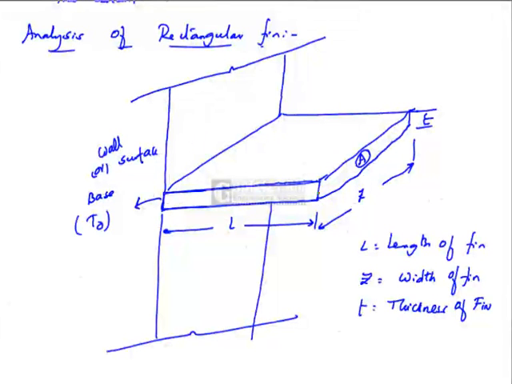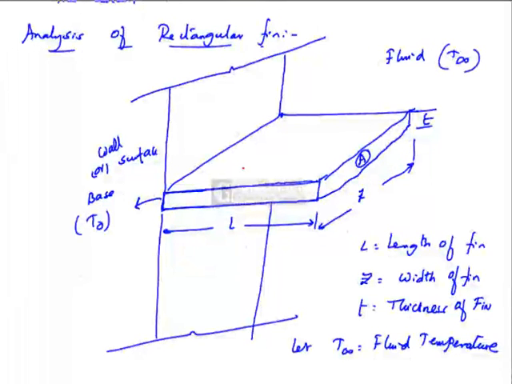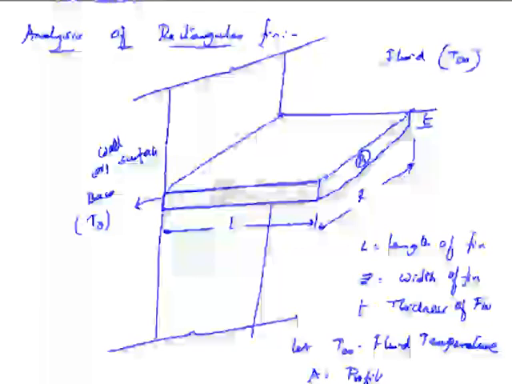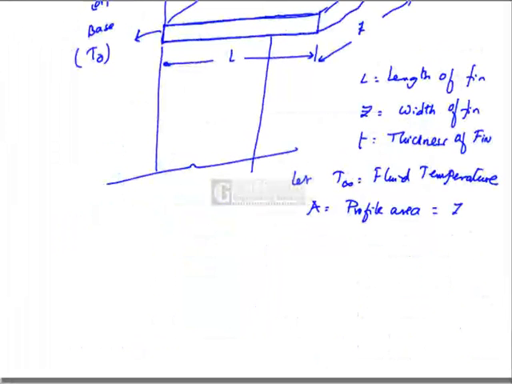Heat is conducted into the fin at the base, and from the surface of the fin it is convected to the surrounding fluid. Let T infinity is equal to fluid temperature. A is the profile area of fin, which is Z into T meter square.